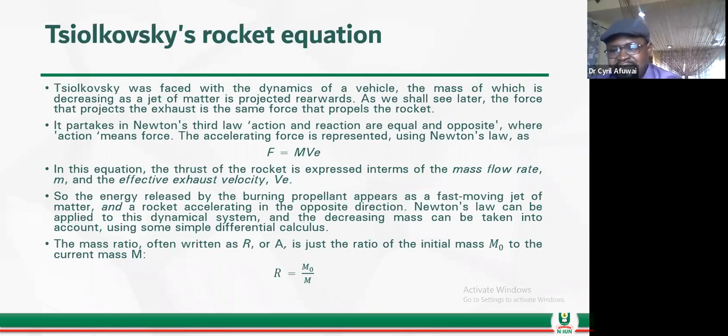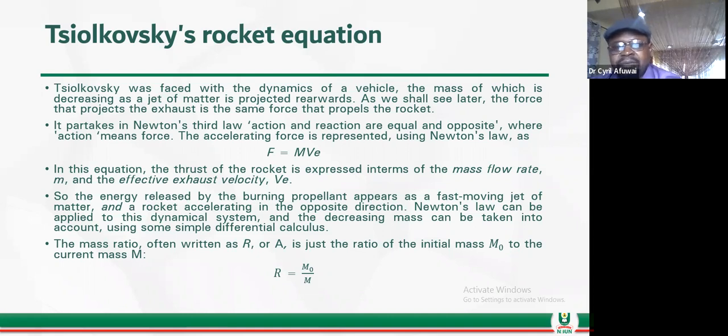Are we together? If the force that projects the exhaust is 500 newtons, then the force that propels the rocket must also be 500 newtons, but in the opposite direction. So minus 500 newtons in that case.